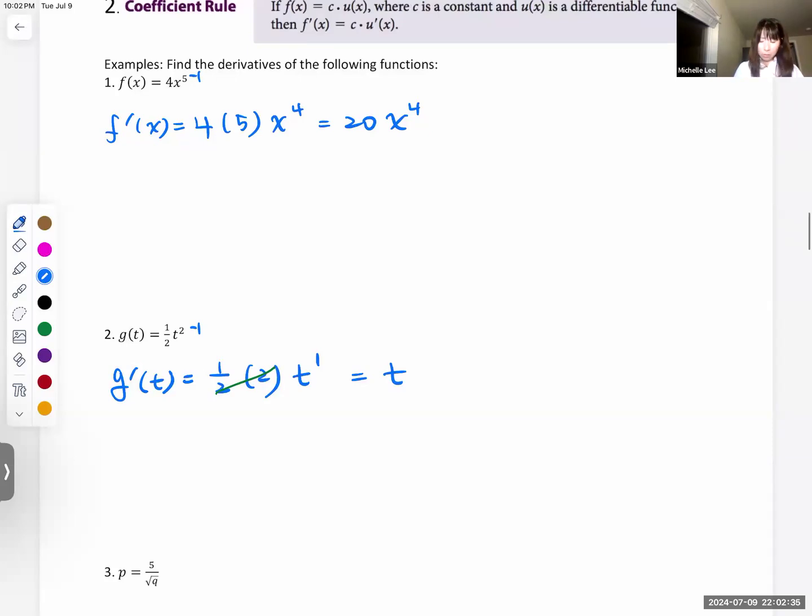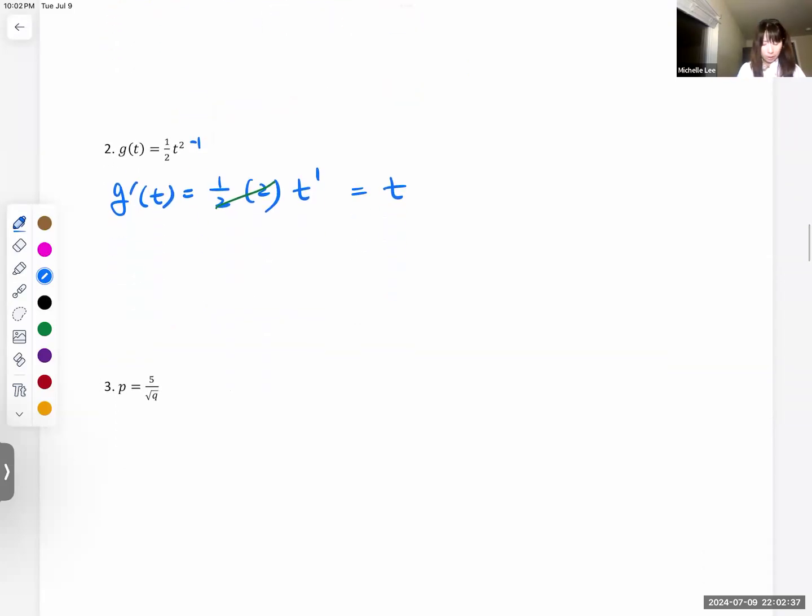Okay, now we cannot say 5 over square root of q. All right, so we want the derivative, p prime, and 5. We need to convert to the power. So there will be q to the negative 1/2 power. Oh, we're not done yet, right?